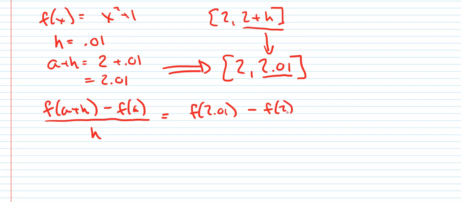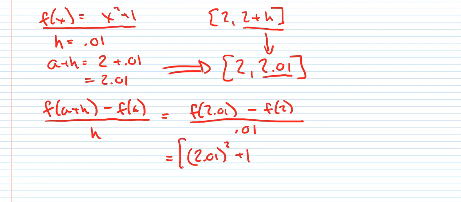And then we are dividing it by h, which is 0.01. So the function value at 2.01 is 2.01 squared plus 1. I'm just evaluating this function now at 2.01. I'm going to put that in brackets.